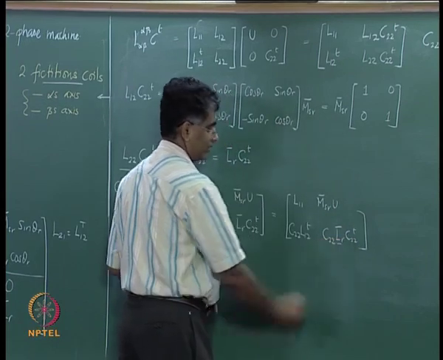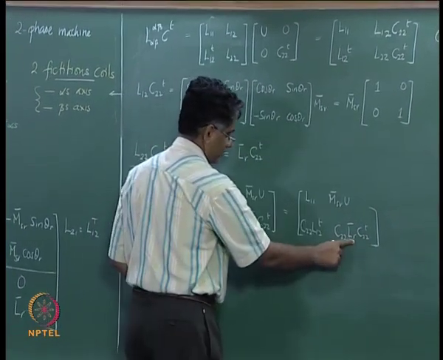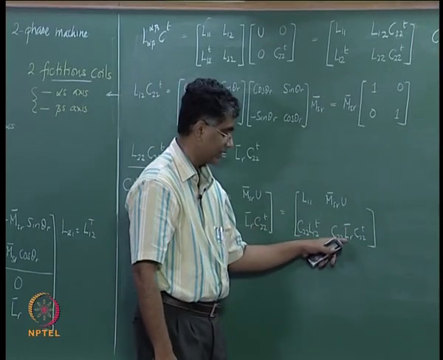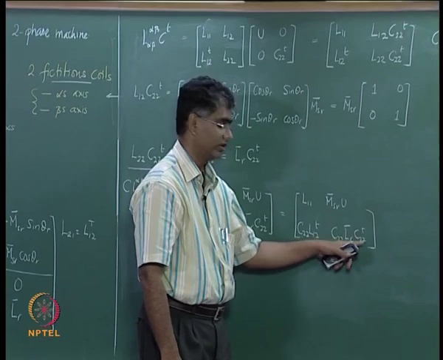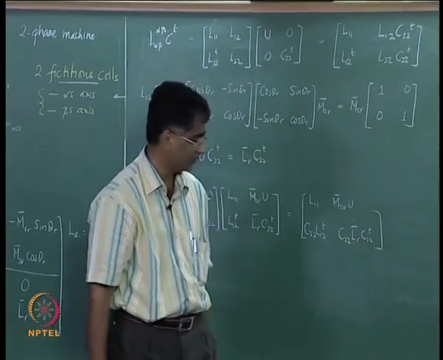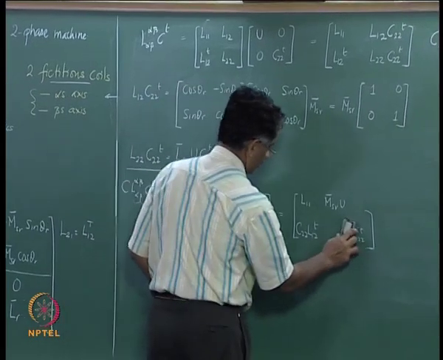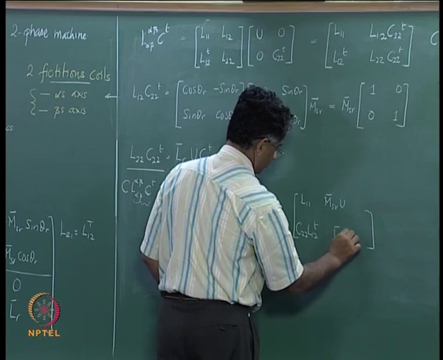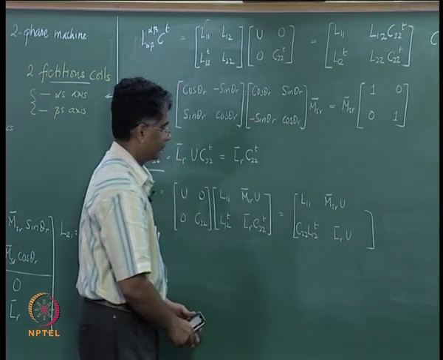Remember, LR is a scalar, it is not a vector, and therefore this reduces to the scalar LR dash into C22 C22 transpose, and we know that C22 transpose is nothing but the inverse of C22, and therefore this term reduces to LR into identity matrix.